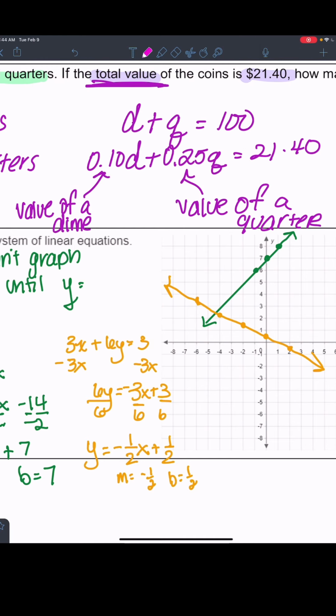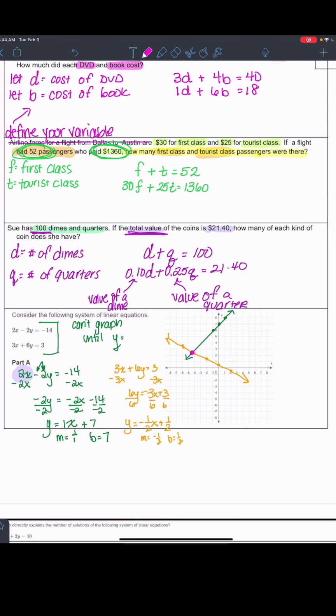That is my solution. And sometimes, ladies and gentlemen, that might happen. So really what you need to look at is a value, and if I had to give a solution, I would just solve this by elimination and get my ordered pair. Even though I had to graph it, I just go solve by elimination.